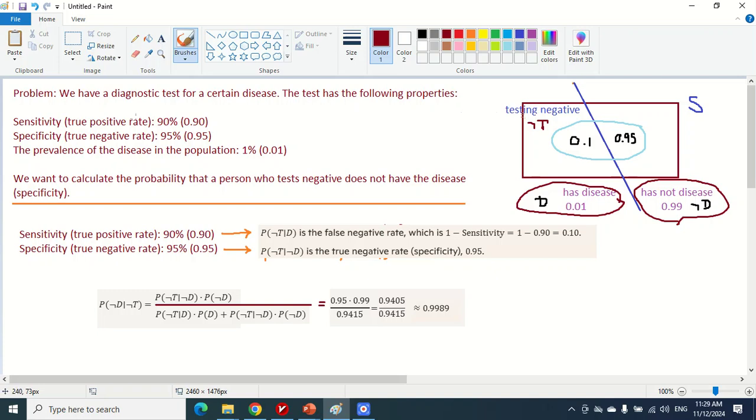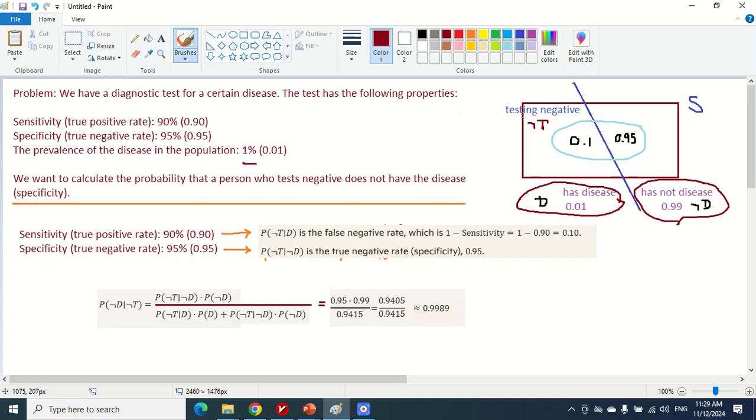Based on the question, the prevalence of the disease in the population is 1%, and this prevalence means that 1%, or 0.01, of the population is affected by the disease, and 0.99 is the probability of not having the disease.